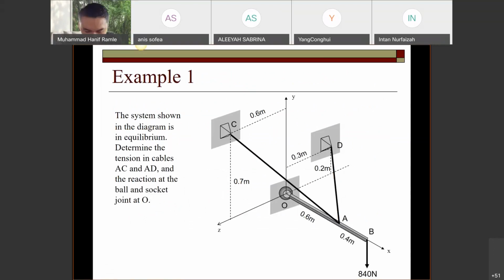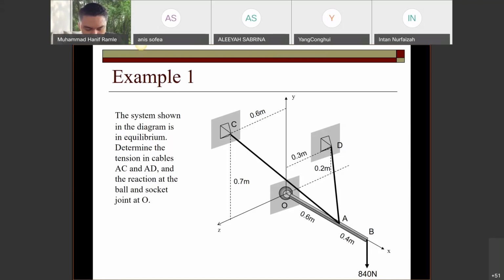Okay, so this is the example 1. Very simple. You can assume this system like your elbow, shoulder joint. The system shown in the diagram is in equilibrium.